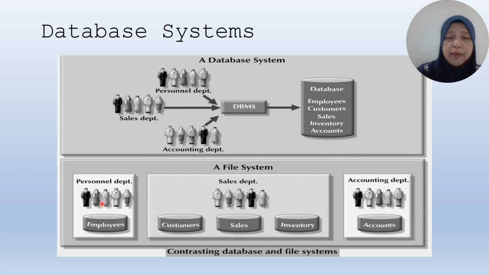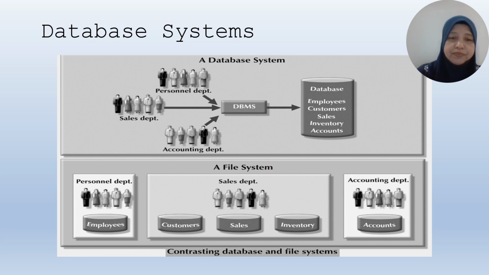If this scenario happens, the department has to request access for data that is not theirs. Sometimes there are issues where the owner of the data does not let the data be accessed by other departments. Those are the issues here, and these are the differences between database system environment and file system environment.